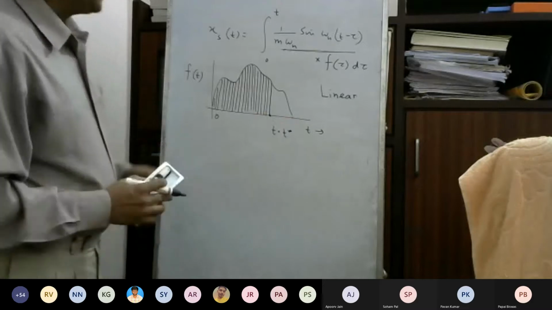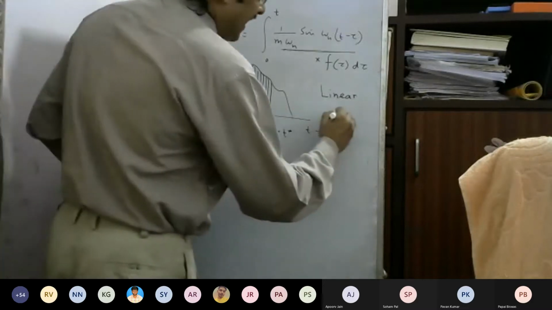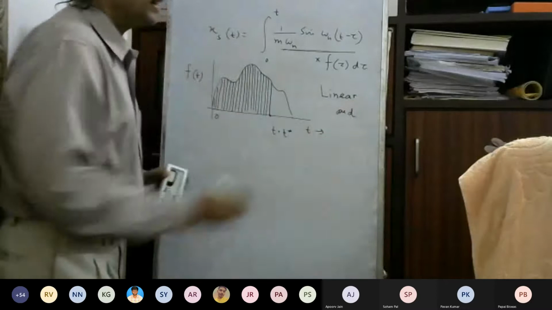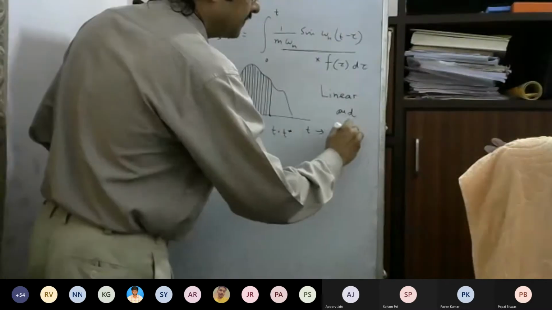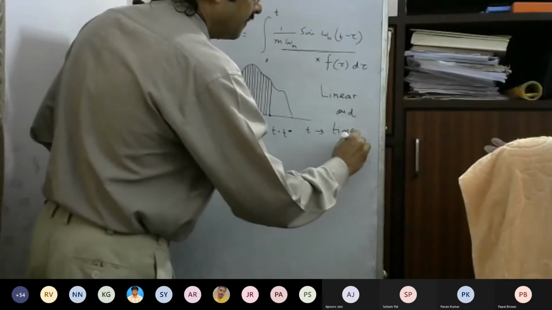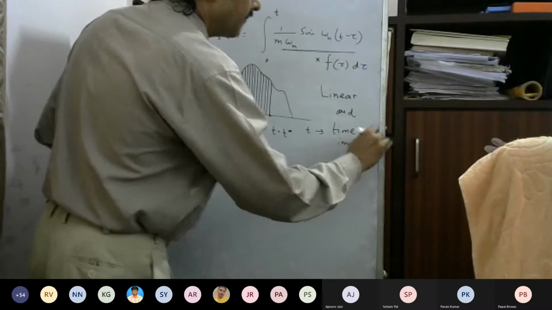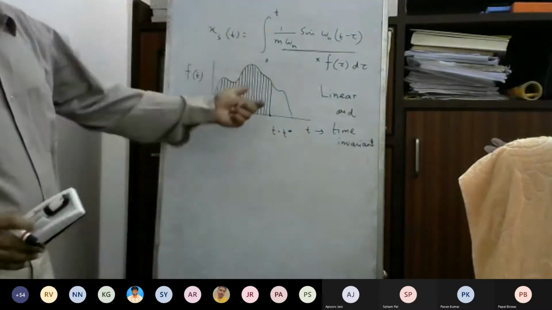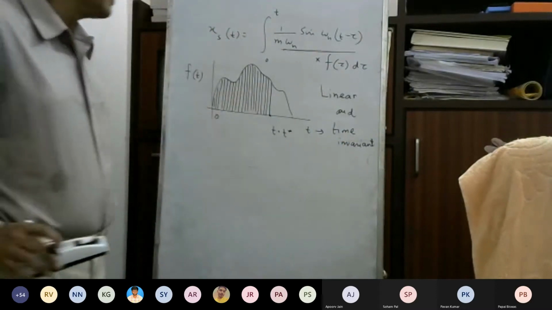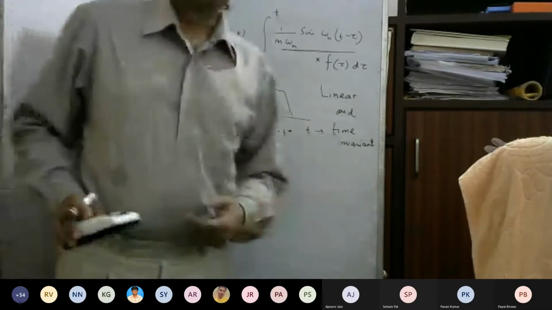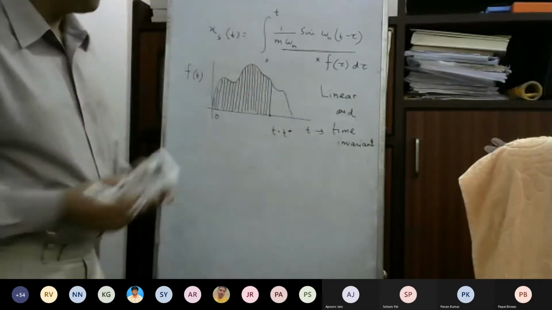That is one thing. Another is that the system is time invariant. What does time invariant mean? Time invariance means that the parameters of the system are not changing with time.